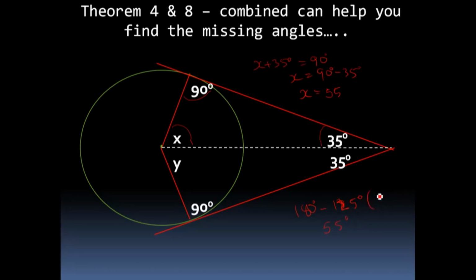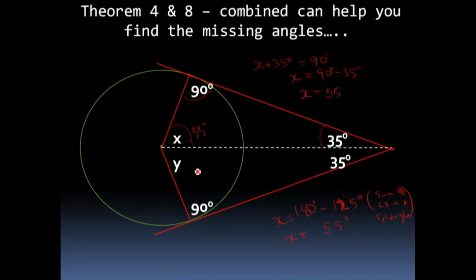The reason here is the sum of angles in a triangle. And so x is equal to 55 degrees.